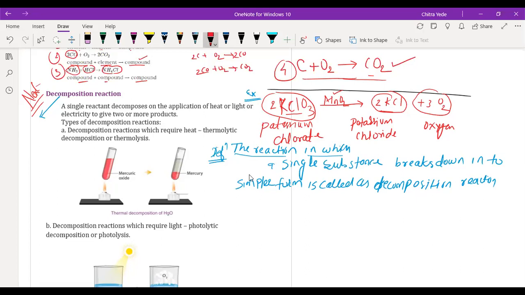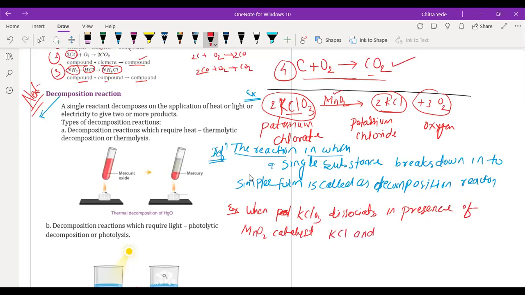Potassium chlorate, or we can write only the formula KClO3, dissociates in presence of MnO2, manganese oxide catalyst, to give potassium chloride, which is KCl, and oxygen gas is formed.